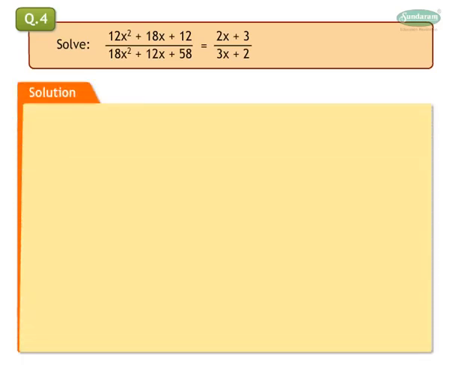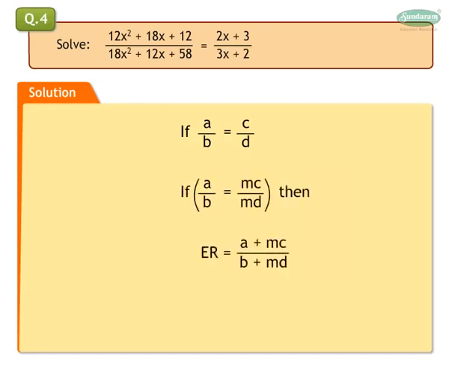Solution. Step 1. Now students, the first step is to simplify the terms and reduce to get a simple linear equation. We do this by applying the property of the theorem of equal ratio, that is, if a/b is equal to c/d, then each ratio is equal to (a + mc)/(b + md), where m is a non-zero number.